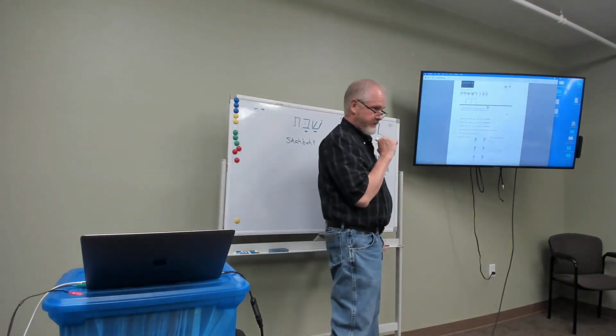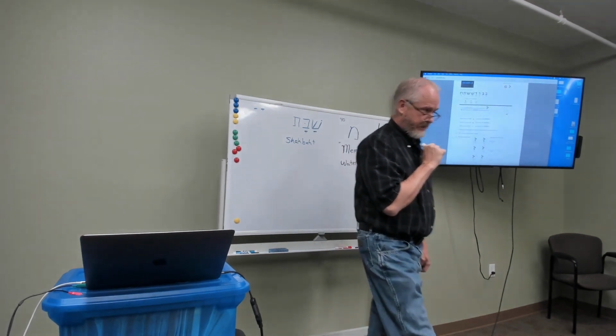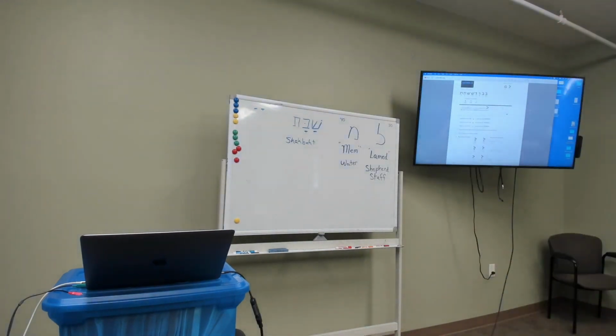The first example though doesn't have a vowel mark underneath it. I understand why the second one works, because that has the vowel, so that's Shabbat. This one has nothing. So in other words, what it's probably trying to do is show you that on the signs in Israel, you won't even have vowels.